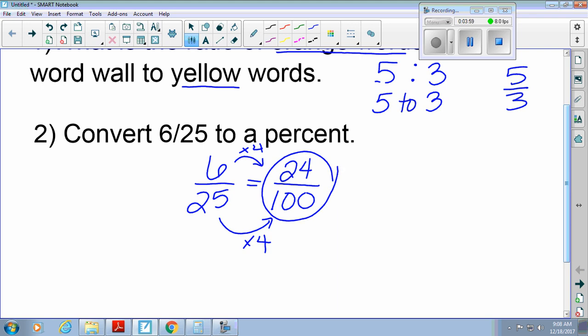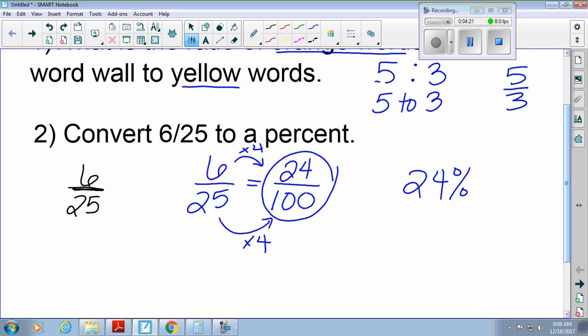We want to write it as a percent. So what percent is that? Kyle? 24%. Very nice, all right? So you have to just take it that one step further. 24%.